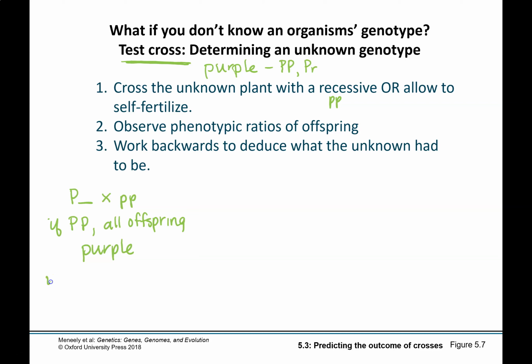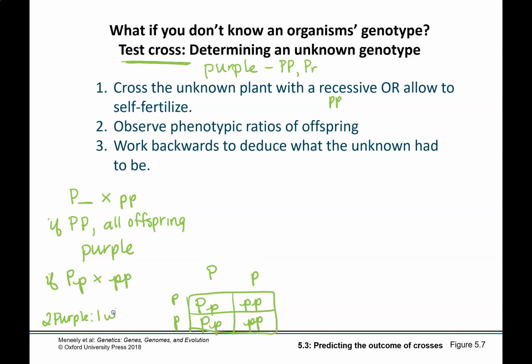Now let's say that that plant is heterozygous and we cross that with the white one. In this case, in case you haven't memorized this one yet, this is the one where we end up with 50-50. So we have 2 purple to 2 white.